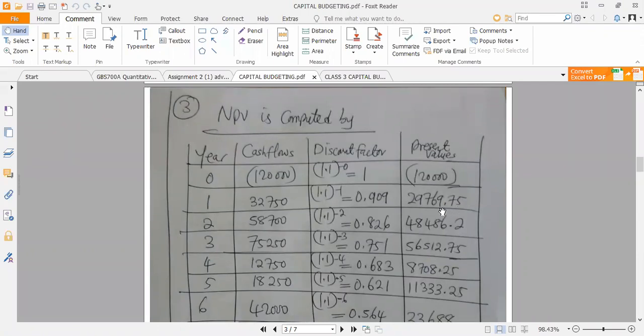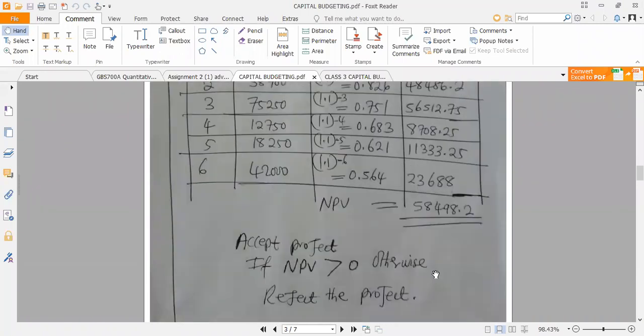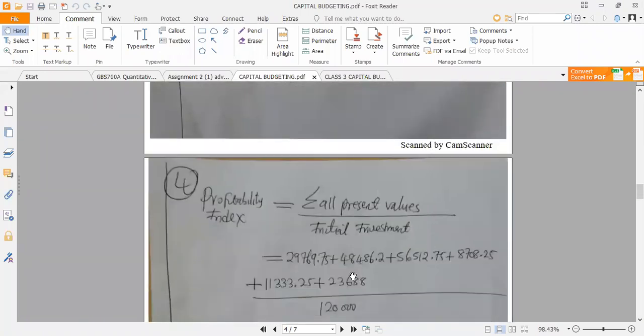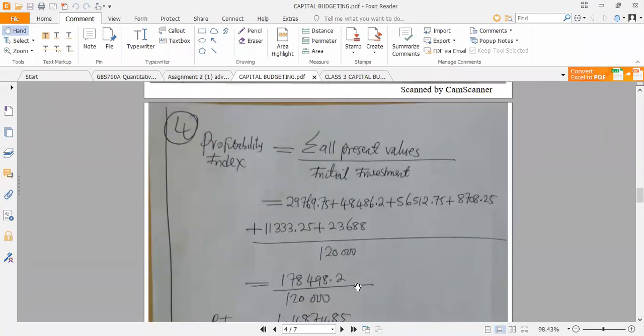So the sum of all these present values, then you will divide by initial investment. So when we add the 29,769.75 plus the 48,486.2 plus 56,512.75 plus 8,702.25 plus 11,333.25 plus 23,688, then you divide by 120,000.